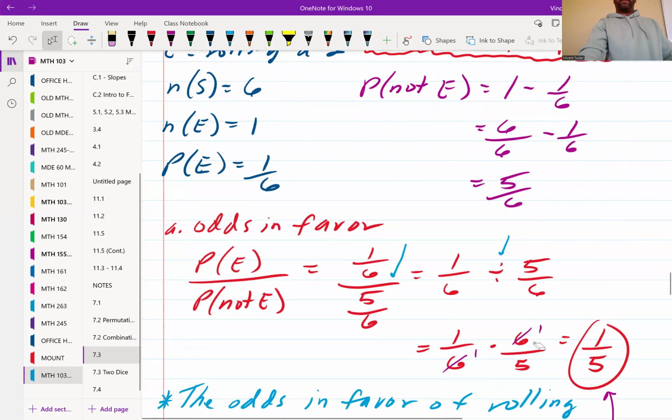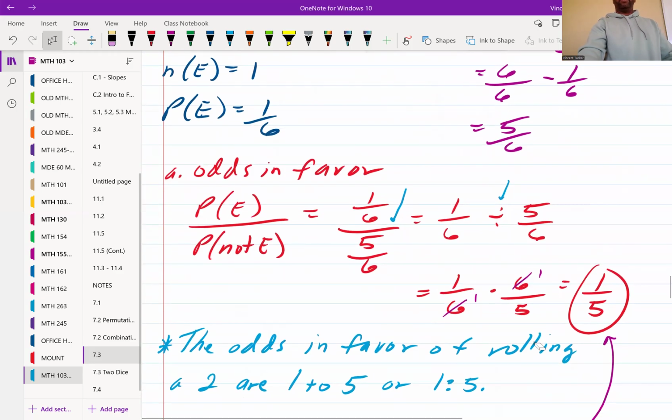So odds in favor of rolling a 2 are 1 to 5. Or you can use a colon, 1:5.